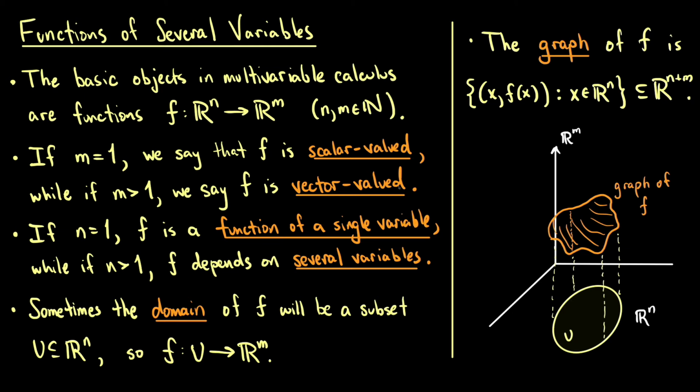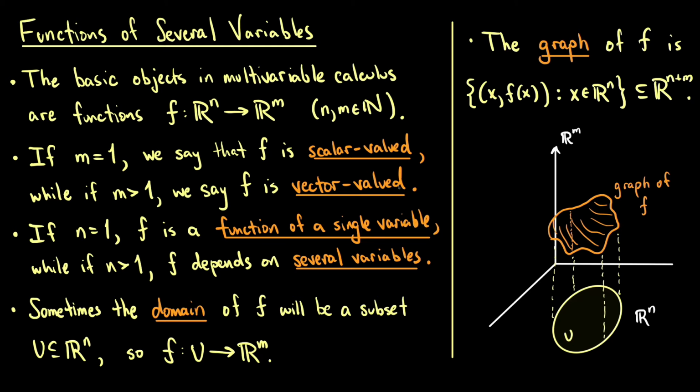Okay? So we still can visualize this in a vague sense. If we imagine that this xy plane here represents Rn, and this sort of ellipsoid here, U, represents the domain of f, and then the z-axis represents Rm. So this is kind of a cartoon, it's not reality, except in the case n equals 2, m equals 1.